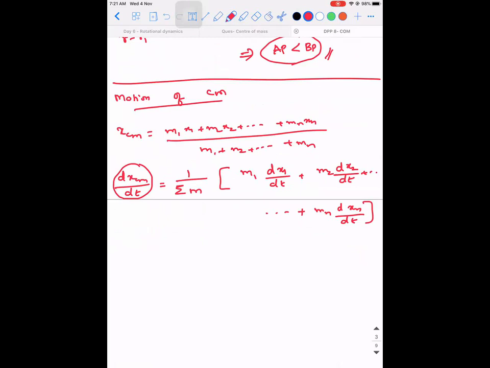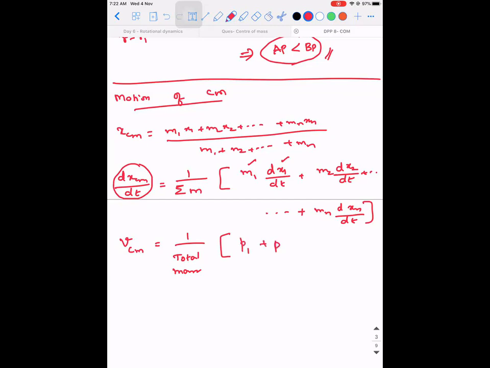Velocity. Velocity of whom? Center of mass. So velocity of the center of mass is equal to 1 by total mass into the mass of each object multiplied with its velocity, which is going to give us linear momentum.